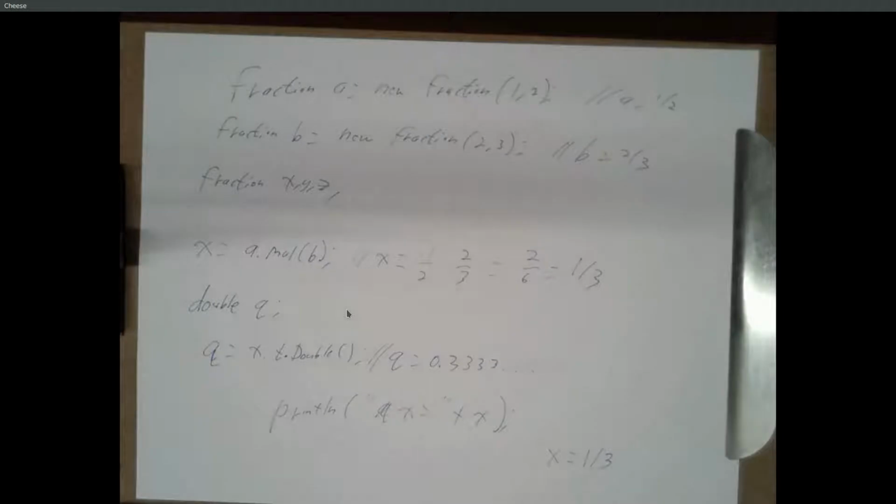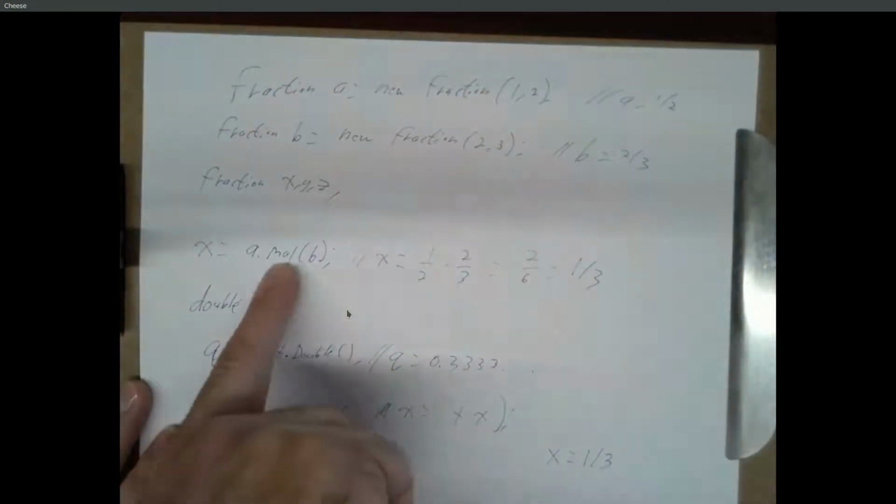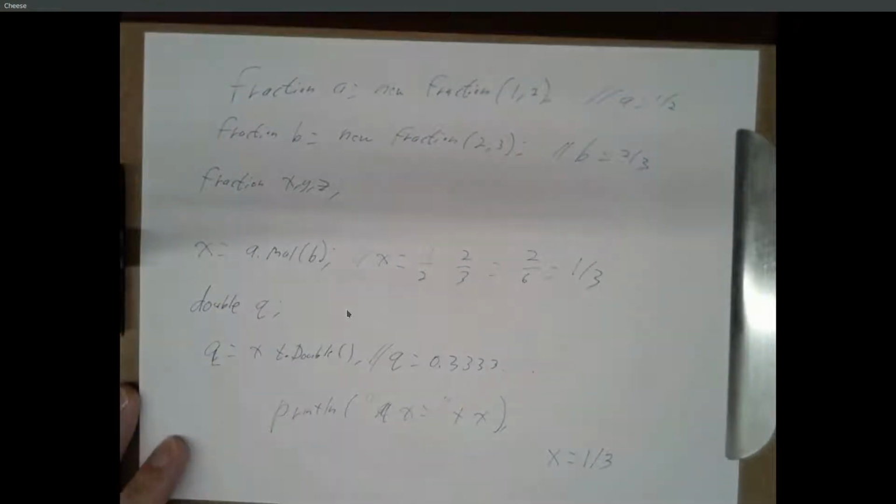So when you get this all wired up, it's like fractions are now a valid data type. You can declare them, you can initialize them, you can multiply and add and subtract and so on. You can print them, and if you get tired of them, you can turn them back into regular double precision numbers and do your thing with them.